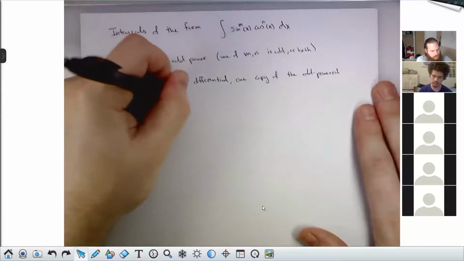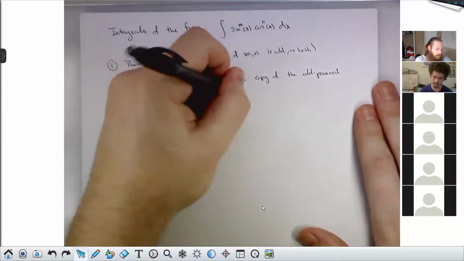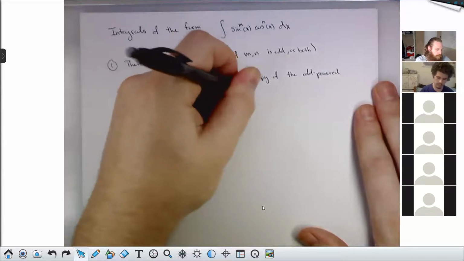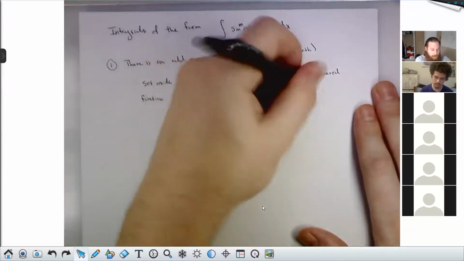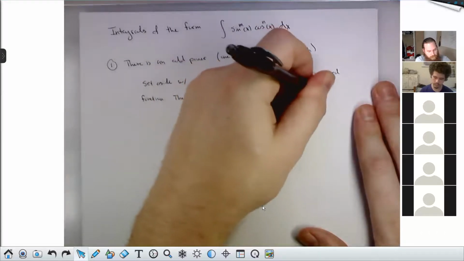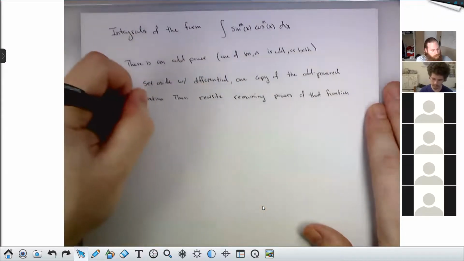Then rewrite the remaining powers of that function using Pythagoras.